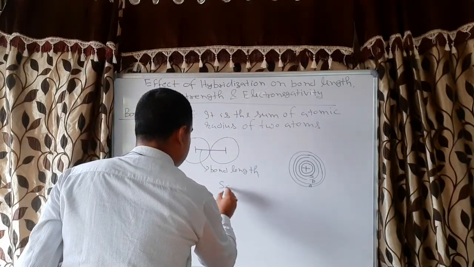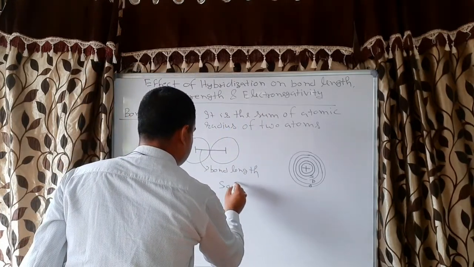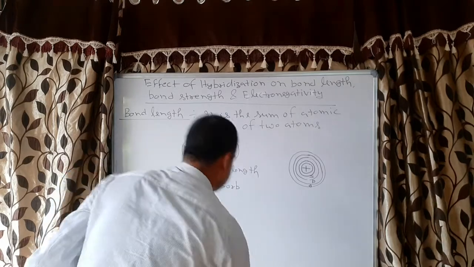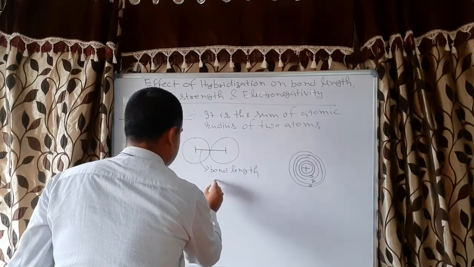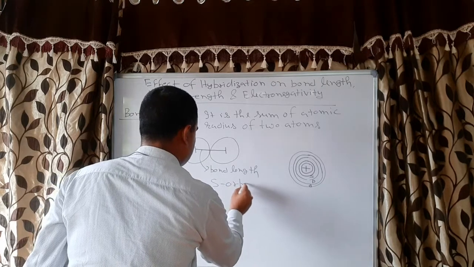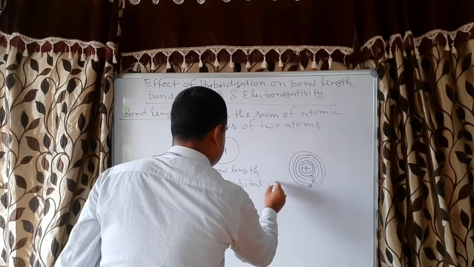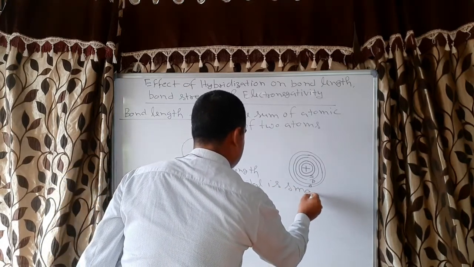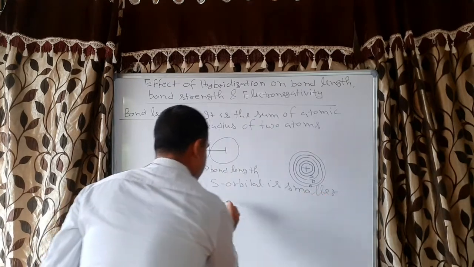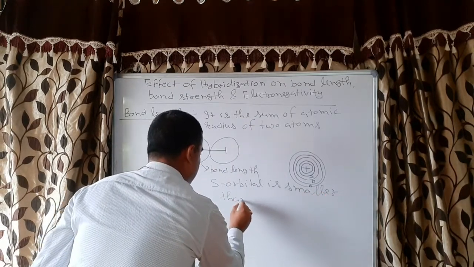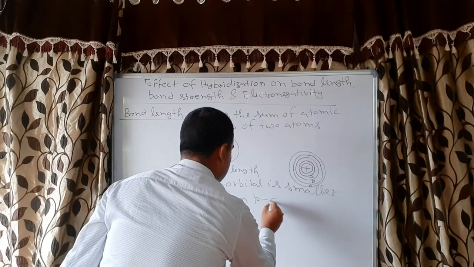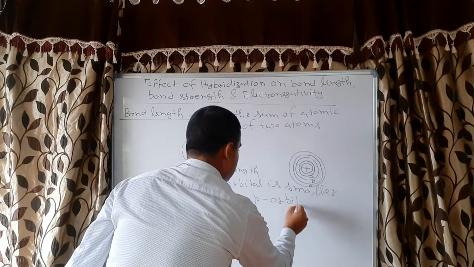So the s orbital is smaller than the p orbital.